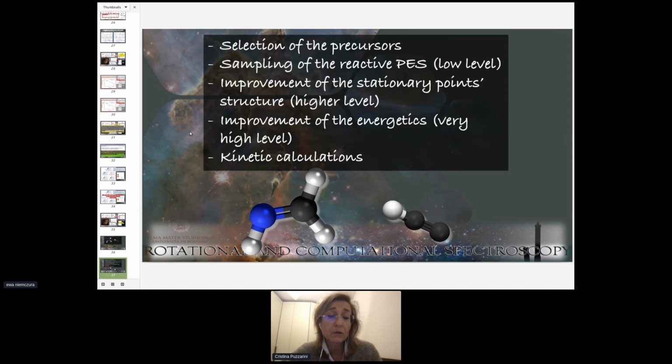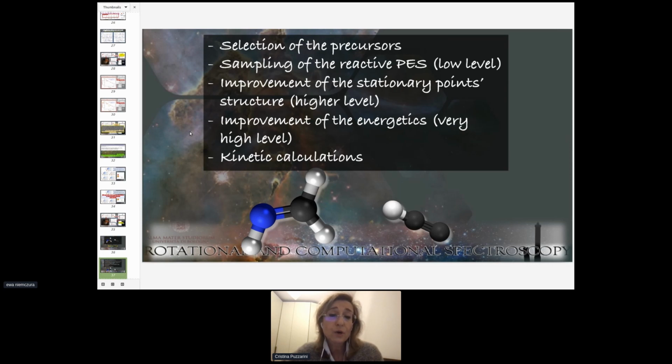You select the precursors, and the selection is based essentially on your final aim, which means if you are interested in explaining why a molecule has been detected, or maybe you would like to predict new potential candidates for detection.